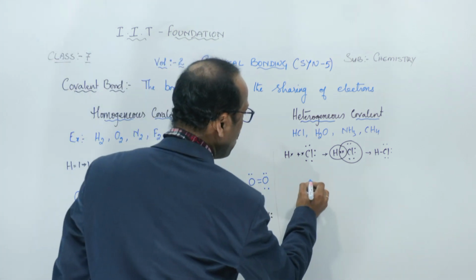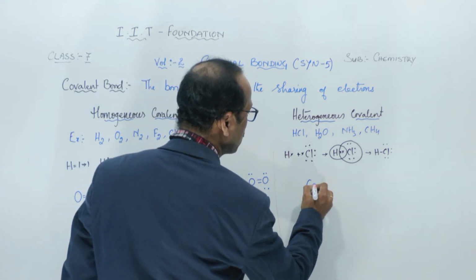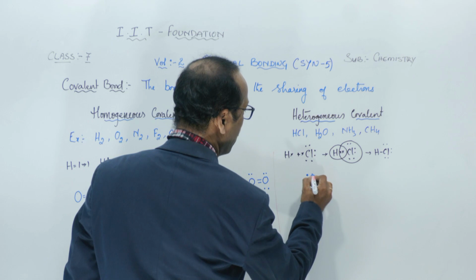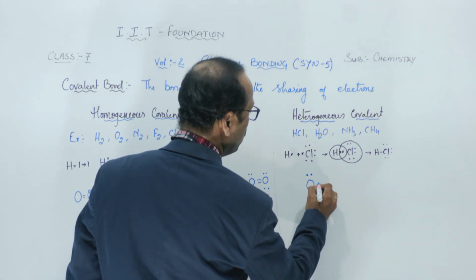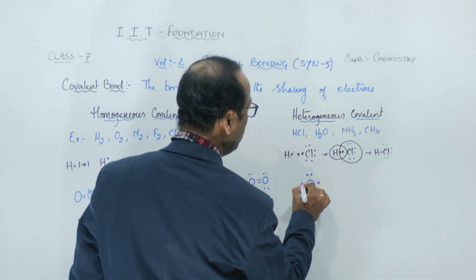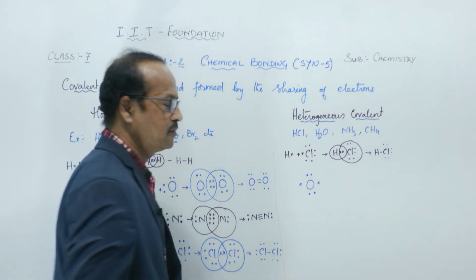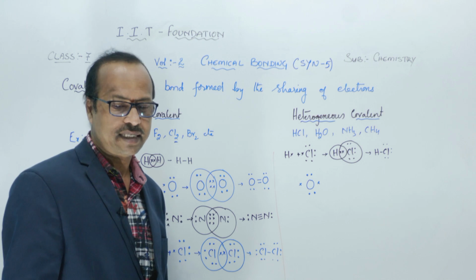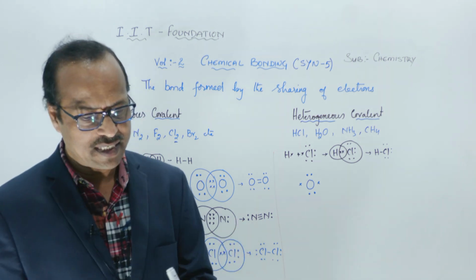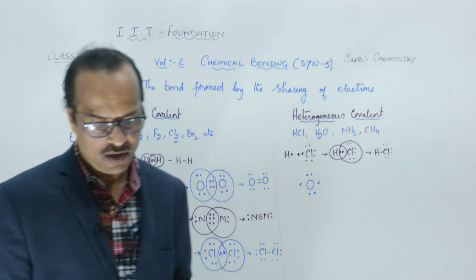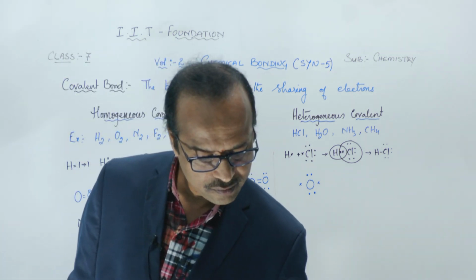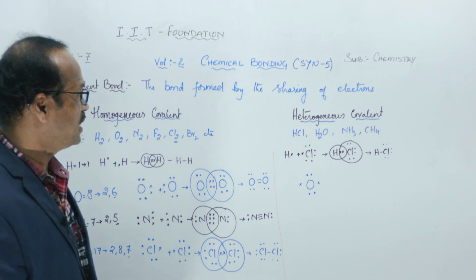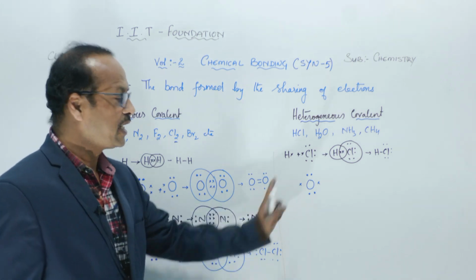See, students: 1, 2, 3, 4, 5, 6. Actually, the structure is a little different, but okay. Like this, 6 electrons are there.